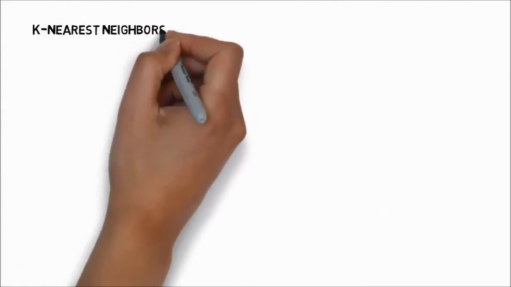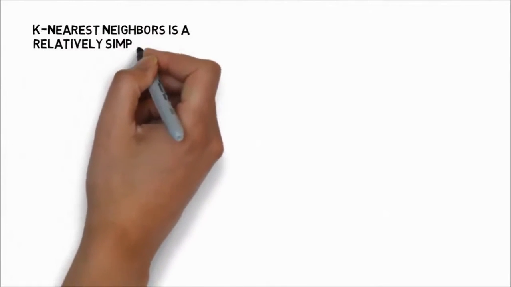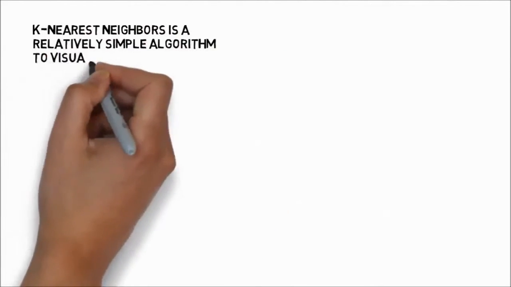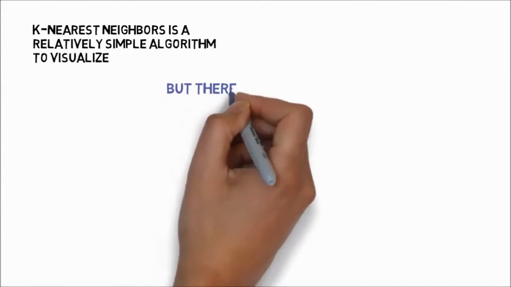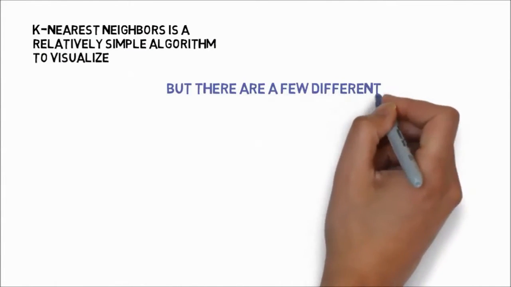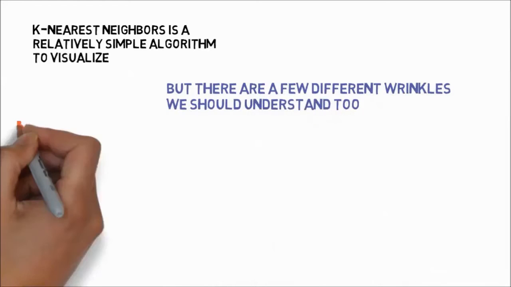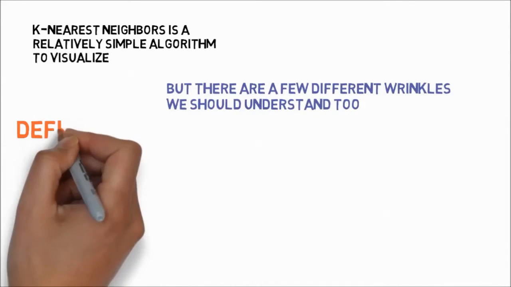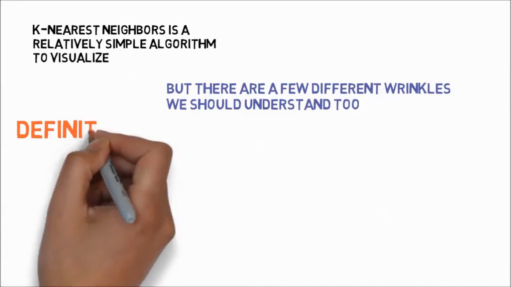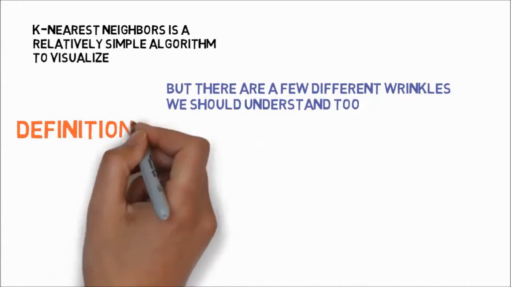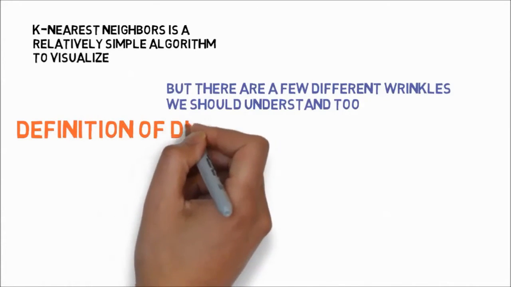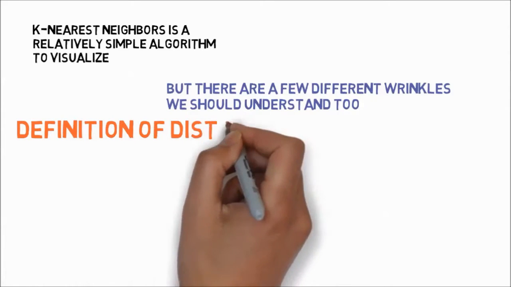Now, as you could see, k nearest neighbors is simple enough to visualize. But there are a few wrinkles that we need to understand. What should be the definition of distance? How do we say that this point is nearer to this set of points?